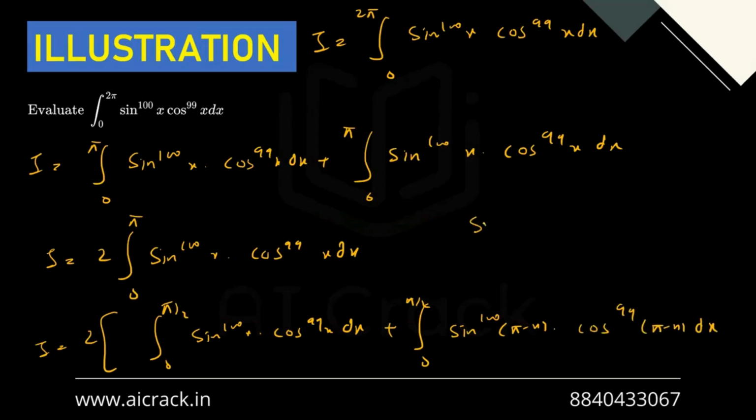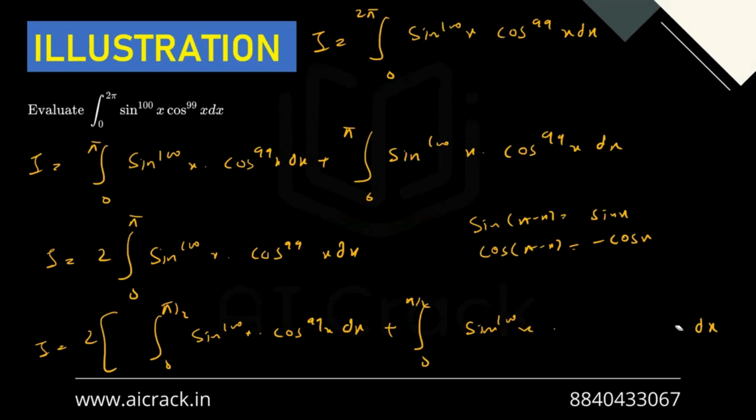Now we know that sine of pi minus x is nothing but sine x, and cos of pi minus x is minus cos x. So this one stays the same, this becomes sine raised by 100x, and this becomes minus of cos raised by 99x. So this and this entirely get cancelled out. So the answer is 0.